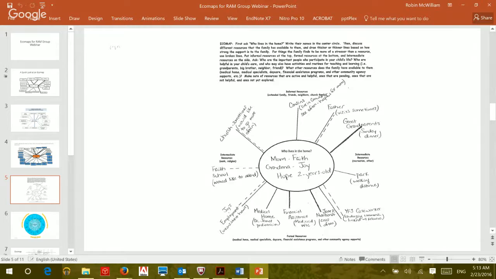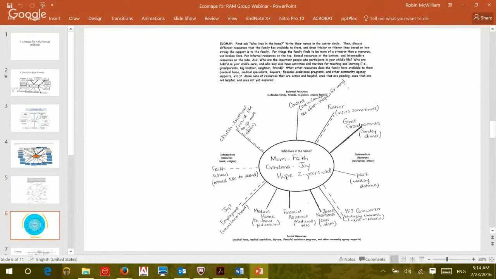What you should not do, however, is draw an Ecomap with the middle square or circle and then put boxes on the outside, because that looks like it's predetermining the number of supports that a family might have. And in my experience, sometimes we have a lot of boxes and sometimes we have very few boxes on the outside. So it's better to keep the outside part free to be developed with the individual family.